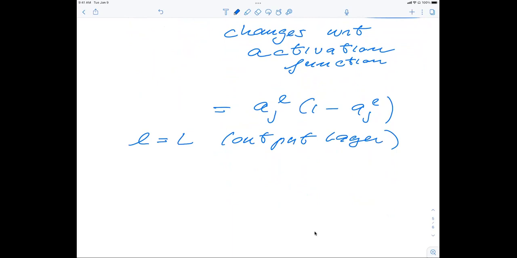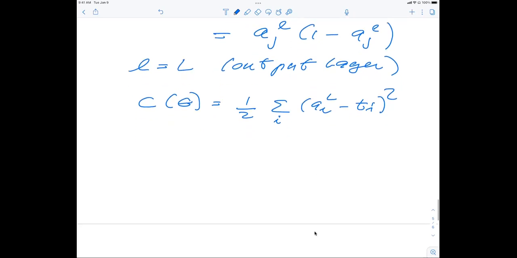Now, when we have reached the output layer, we have obviously the C of theta, which we have defined for this regression problem as a sum over i of a_i^L minus the targets t_i, squared. Now, what we are going to need are the following quantities, in order to calculate the gradients.